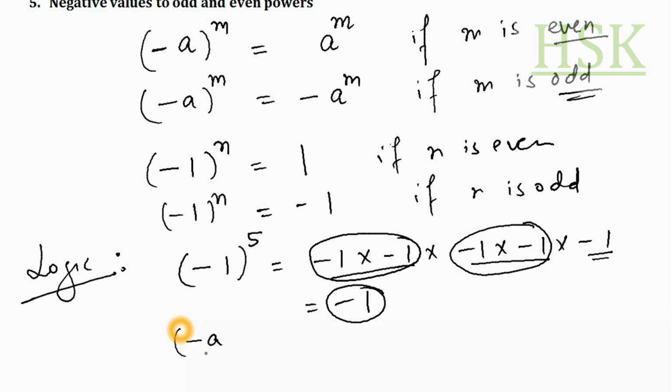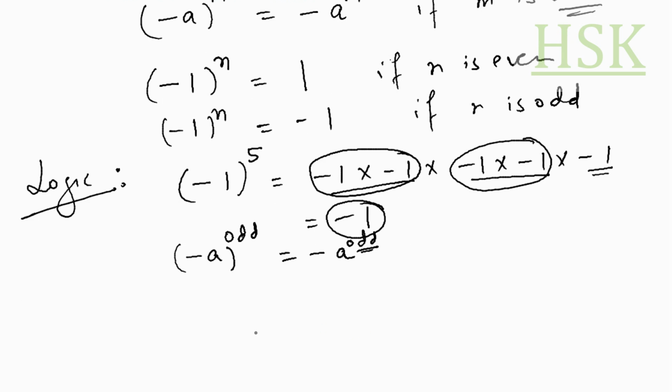So minus a to the power of an odd value is equal to minus a raised to the power of that same odd value. Similarly, if I have minus 1 to the power of 4, for example, this will be equal to minus 1 into minus 1 into minus 1 into minus 1. That is minus 1 multiplying 4 times.